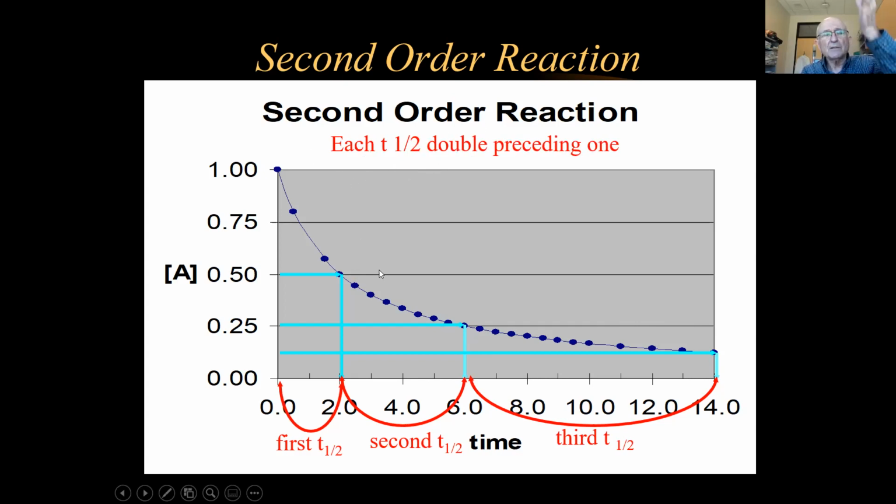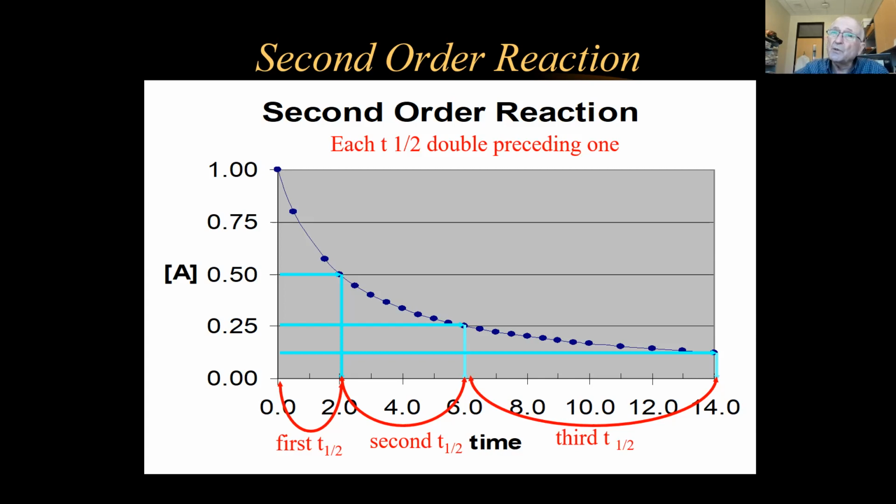So again, if I looked at my data and see how long it takes to get from 100% of my initial concentration to 50% of that, I can see on my data how many minutes or seconds it took. If I go from 50% to 25% and I see how much time that took, if it's the same as before, that's first order.